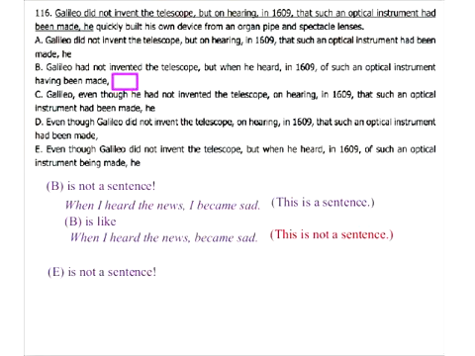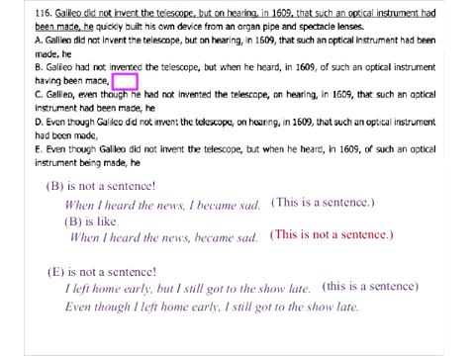For example, if you say, I left home early, but I still got to the show late, that's a sentence. And if you say even though, you could have the same idea: even though I left home early, I still got to the show late. That's also a sentence.